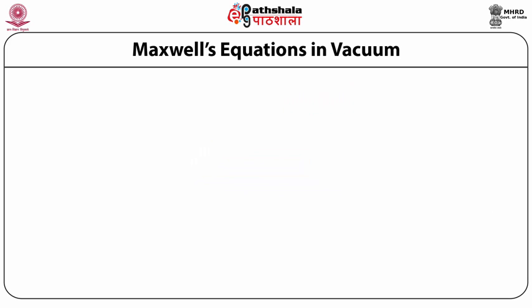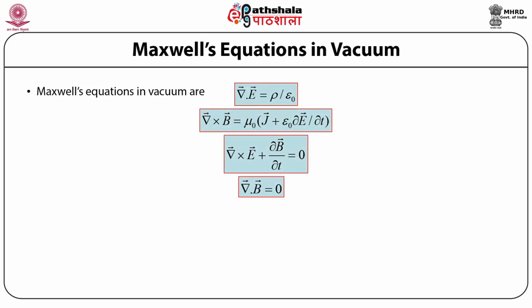Maxwell's equations in vacuum. Having made the modification in Ampere's circuital law, we can now rewrite Maxwell's equations in vacuum, that is, in free space, which cater not only to static phenomena and static fields, but also to time varying phenomena and time varying fields.